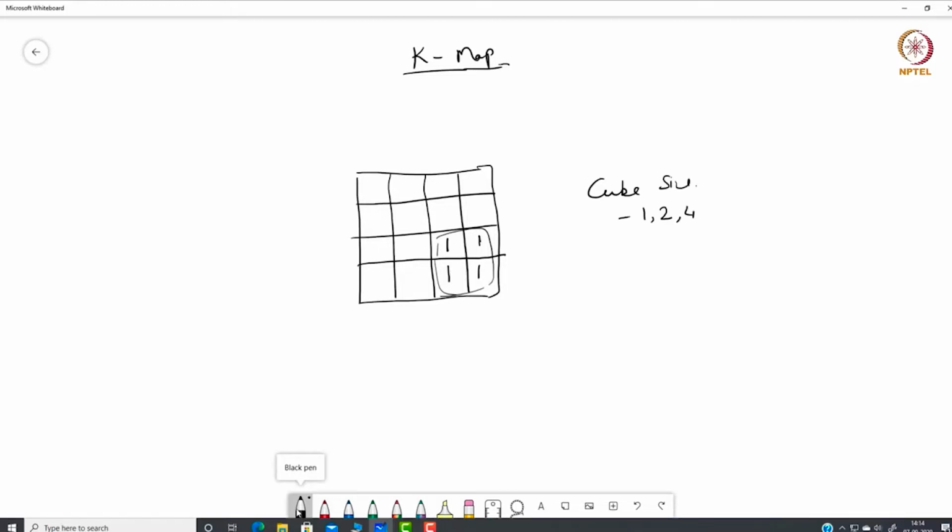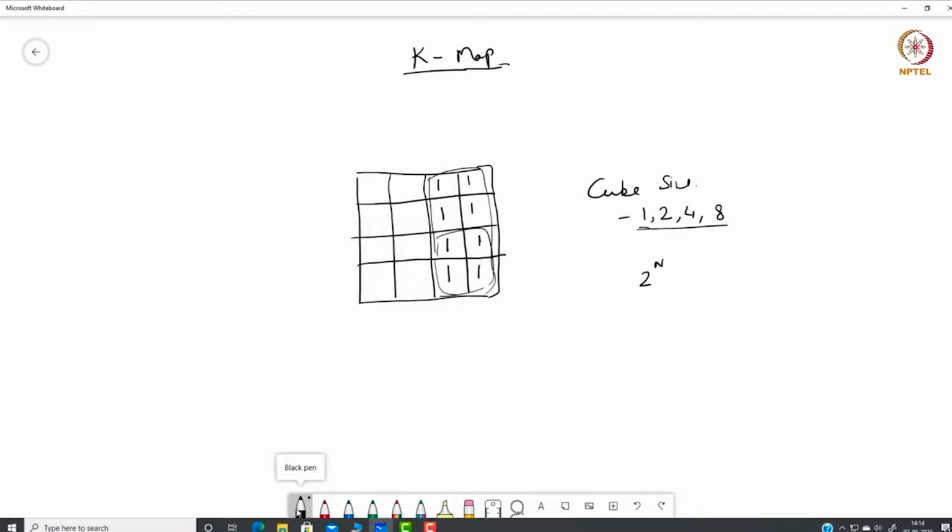Similarly, if there are 8 min terms which are close to each other, they can also form a cube of 8. So the size of a cube can generically be only 2 to the power n.